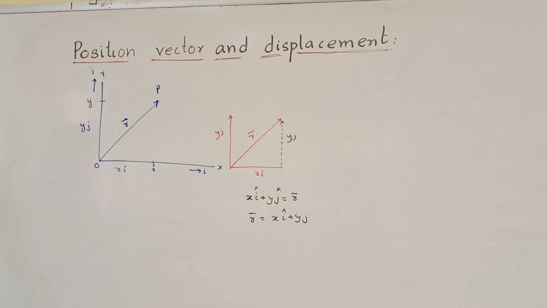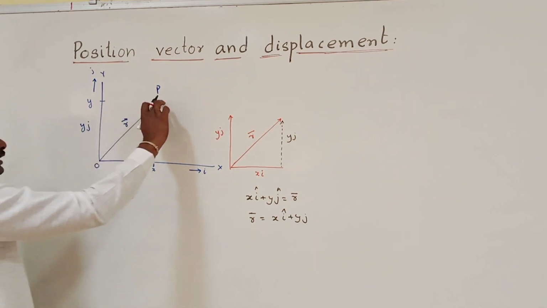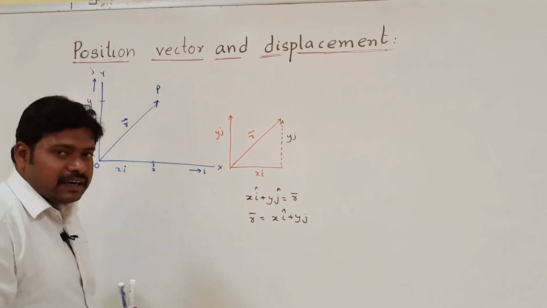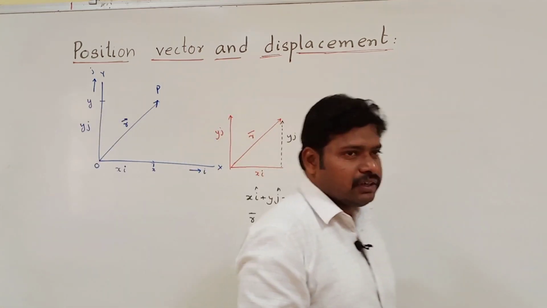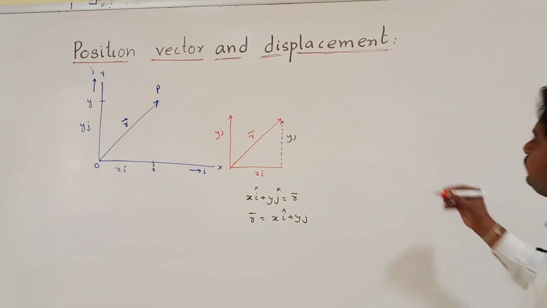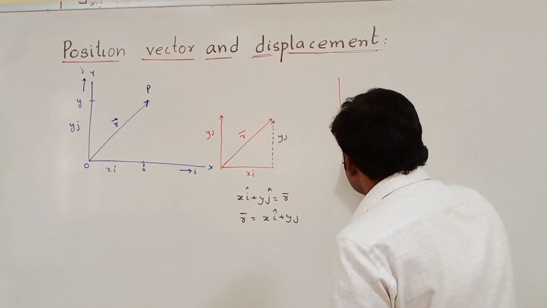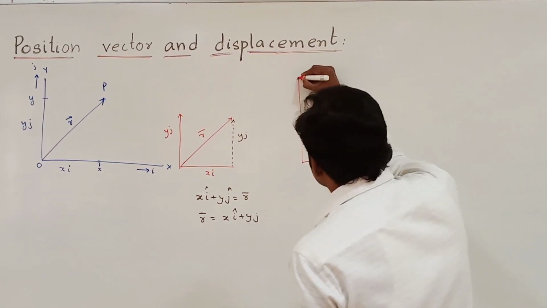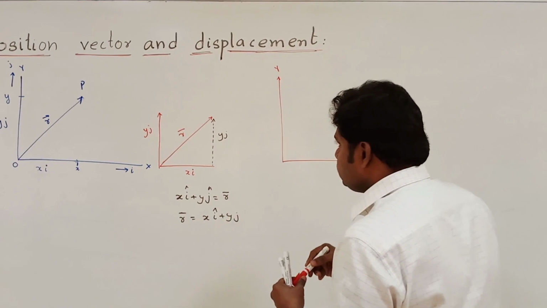Now let's see how the position of the particle changes from one point to another and how to consider displacement and average velocity. Let's see. X-axis, y-axis.